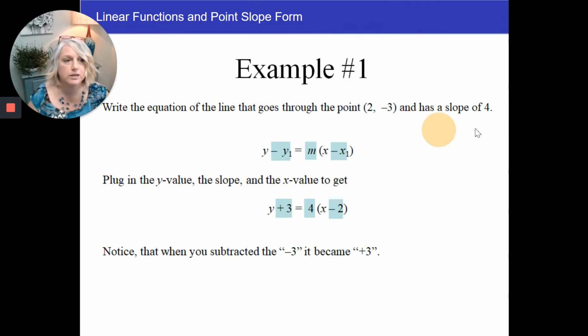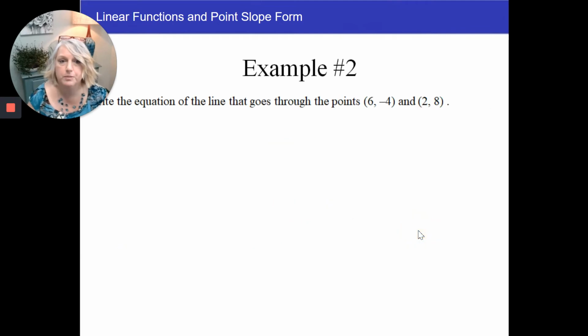Then I filled in the slope of 4 where the m was here and here. Very straightforward, and then we're done. You do not have to solve for y. You don't have to put it in y equals mx plus b form. That is the equation of a line. Just write it and walk away from it. So we're saving you some work as long as you have a point and a slope.